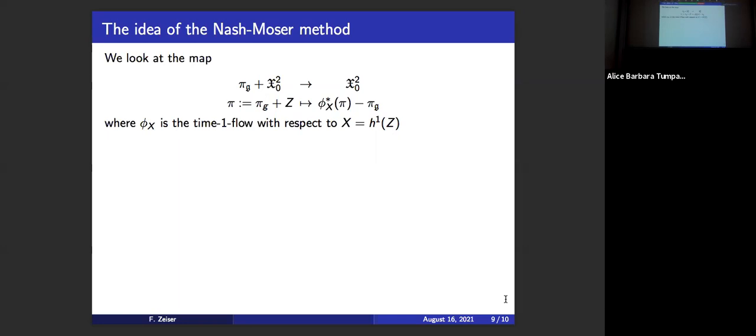So here I just want to give an idea. One, of course, has to take care of the fact that one has different domains and such, but that I want to ignore for now. So let's assume that it is a diffeomorphism, and I also want to assume that we actually are working with Banach spaces.